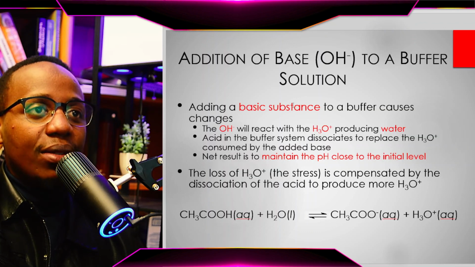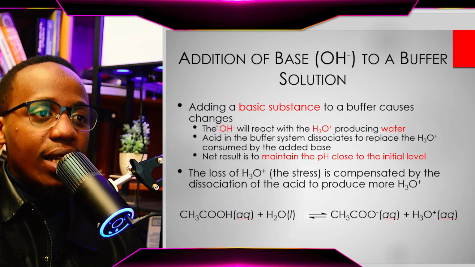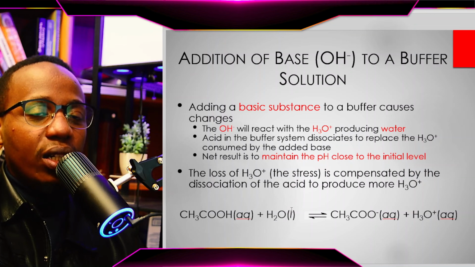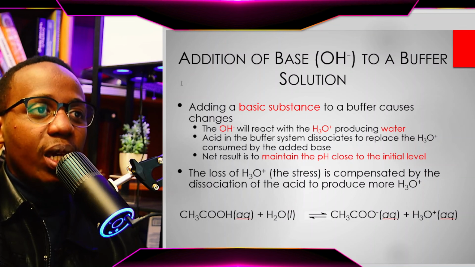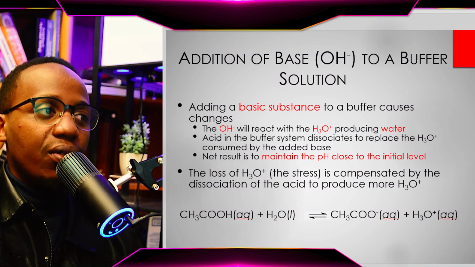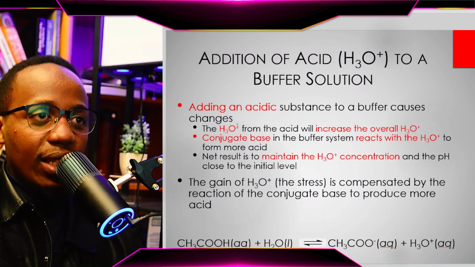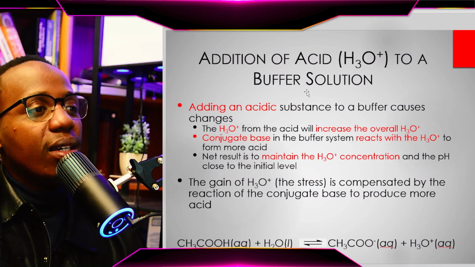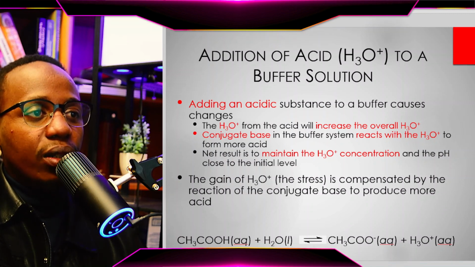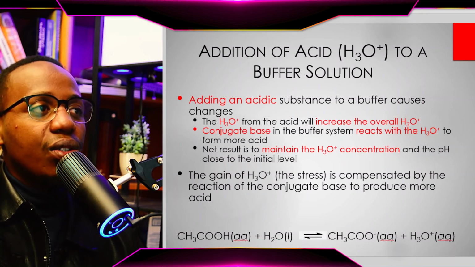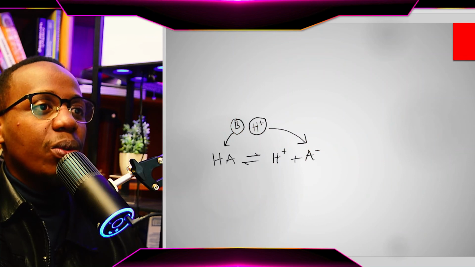Adding a basic substance to a buffer is going to really just make it so that the acid takes care of it. And if you add an acidic substance to a buffer, the base will take care of it. So that's pretty much how a buffer works.